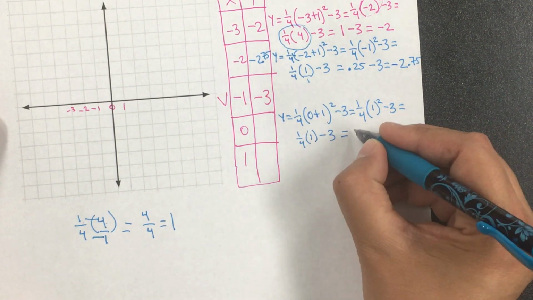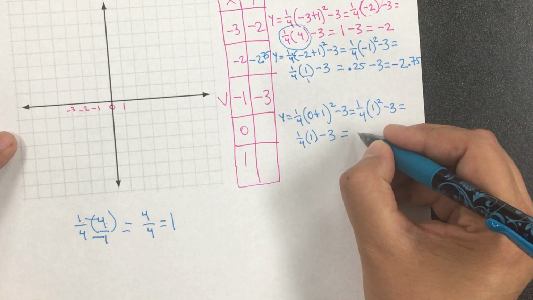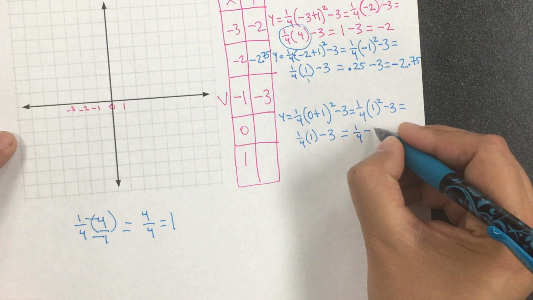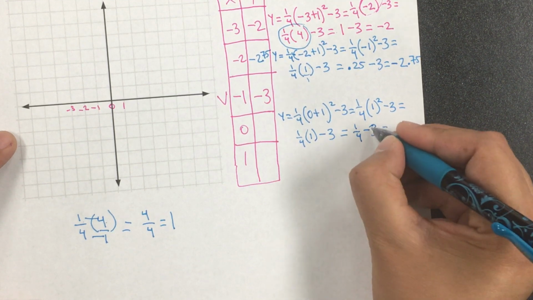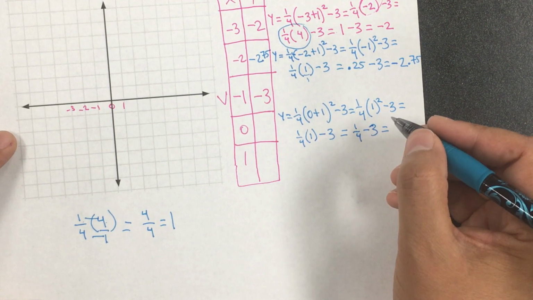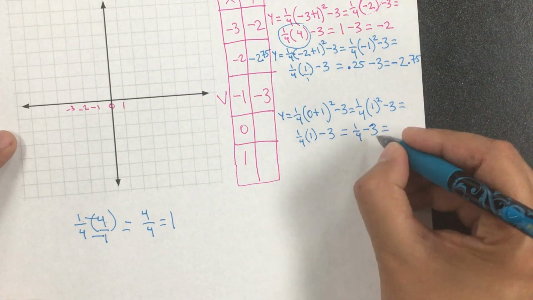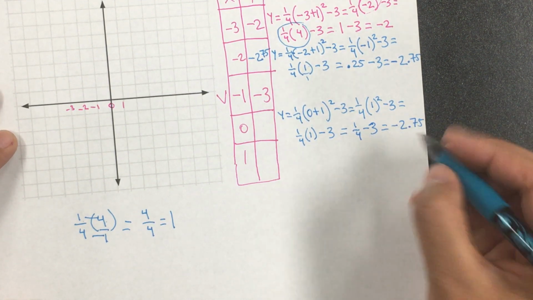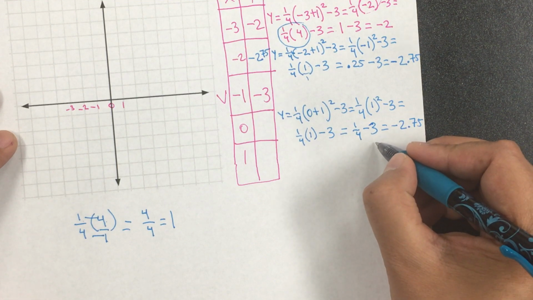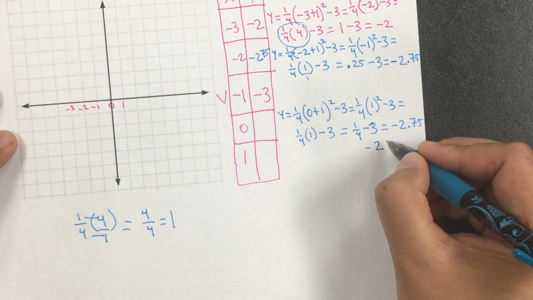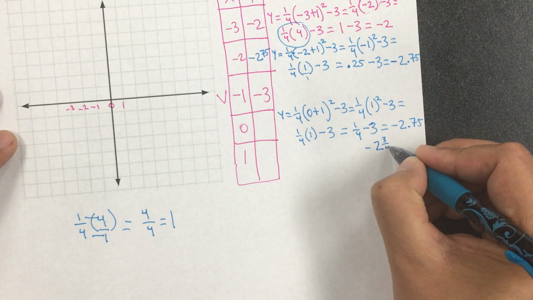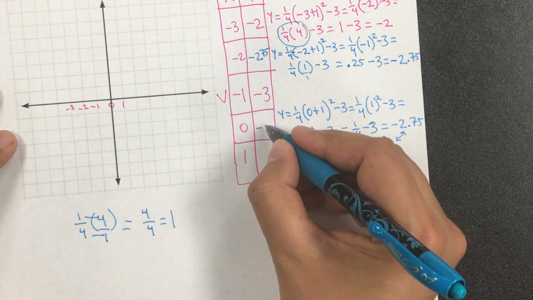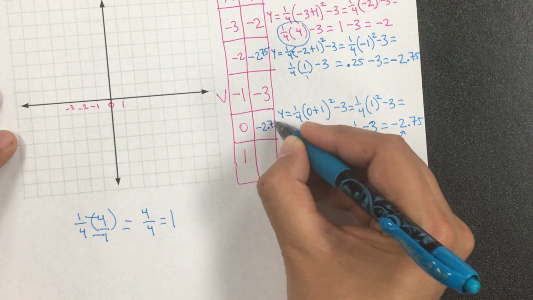And 1/4 times 1 is, again, you can just call it 0.25 or 1/4. It doesn't matter, minus 3. So 1/4 is just 0.25, or 1/4 minus $3 is going to be negative 2.75. Or if you want to see it as a fraction, it's negative 2 and 3/4. Okay, this is the same. So negative 2.75.